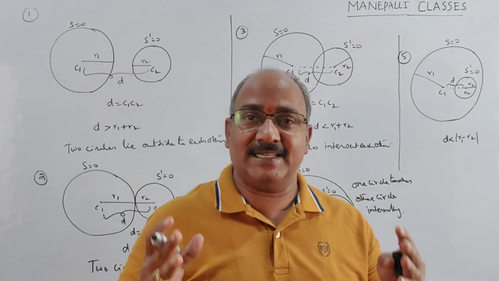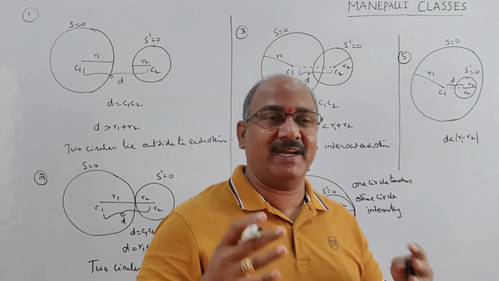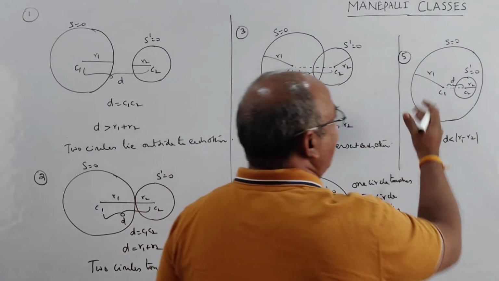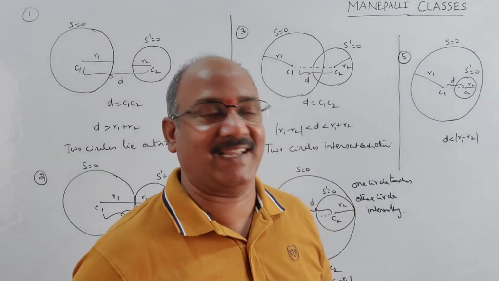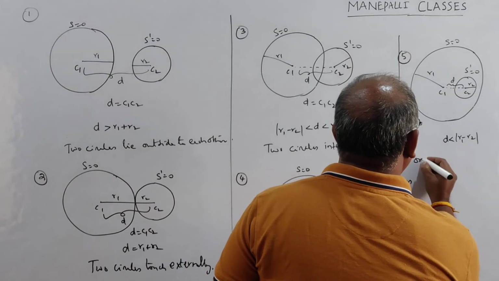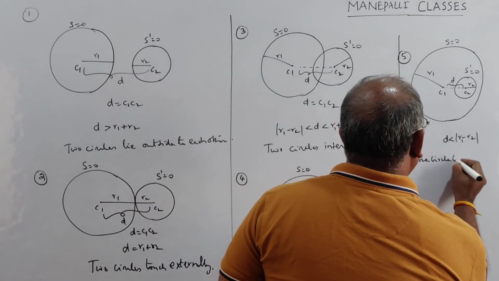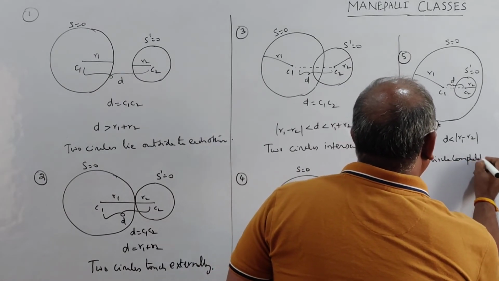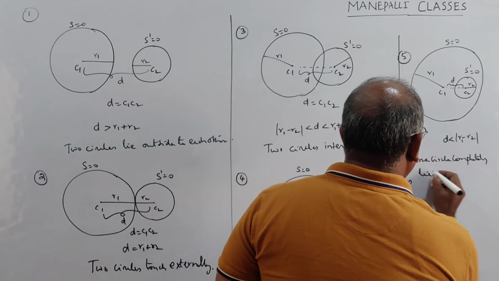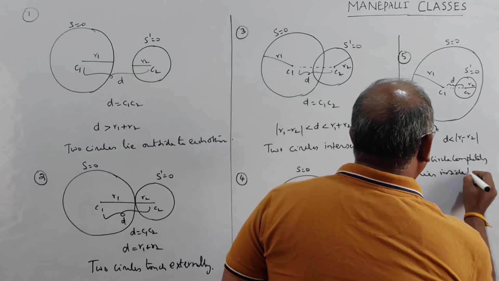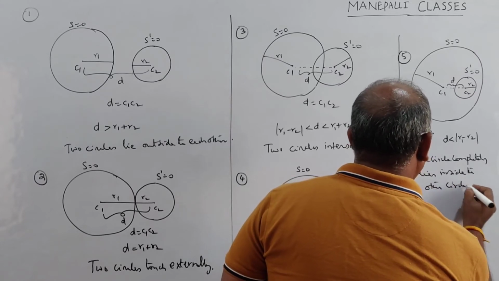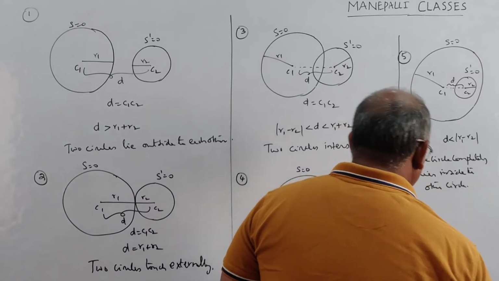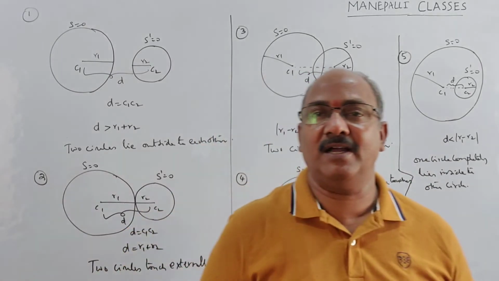Whenever D is less than modulus of R1 minus R2, then we will have one circle completely lies inside the other circle. One circle completely lies inside the other circle.